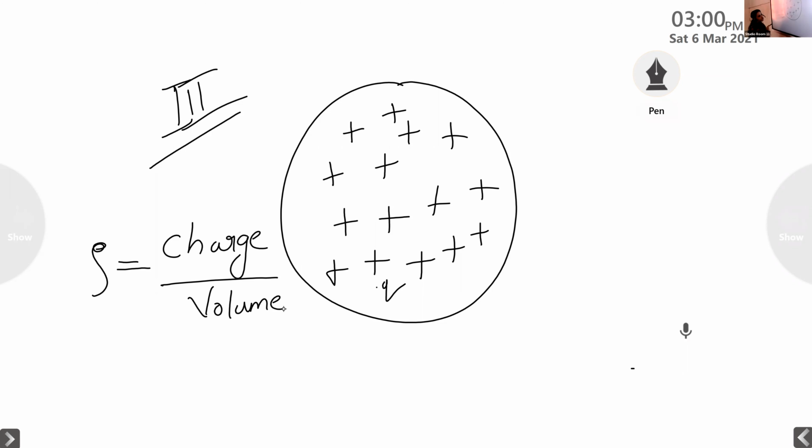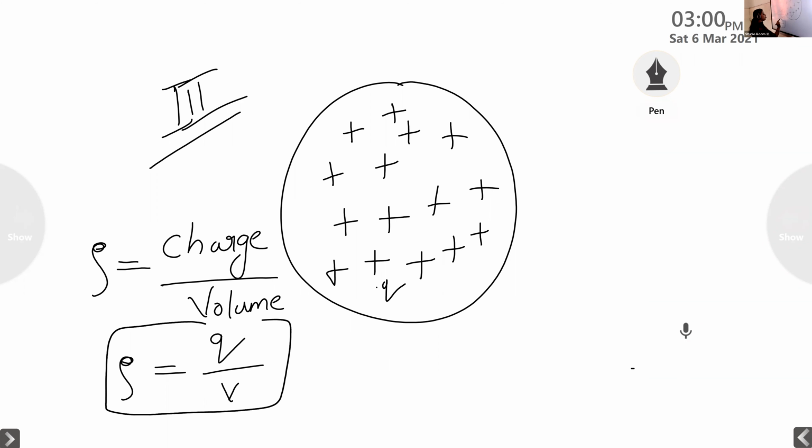The volume charge density rho is equal to charge present per unit volume. How can we represent the charge? Q. Divided by, how can we represent volume? V. So rho is equal to Q by V.